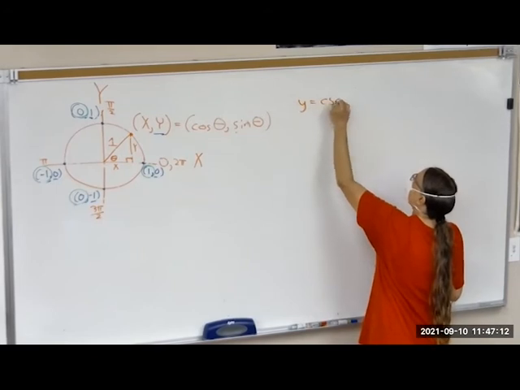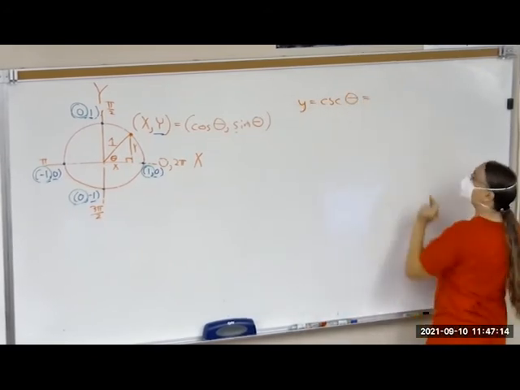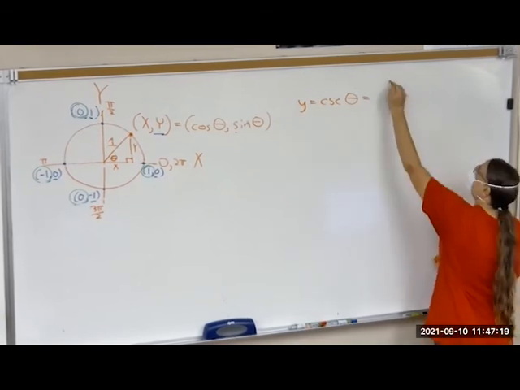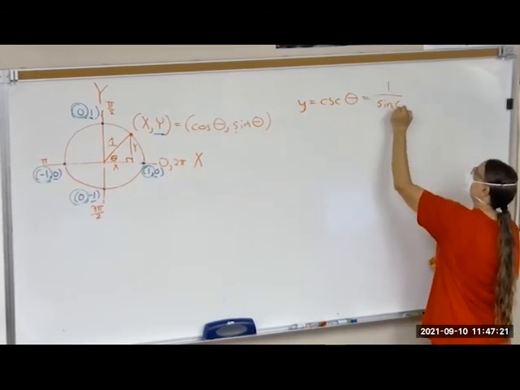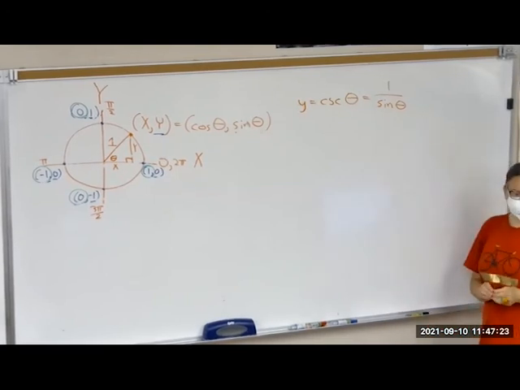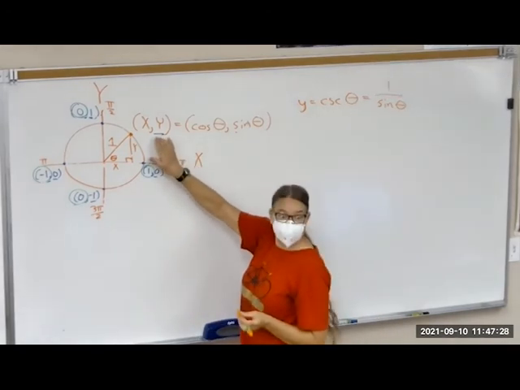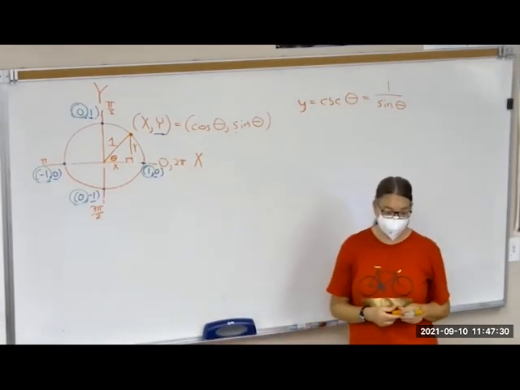So if I look at y equals cosecant of theta, now I could define that in terms of my capital X's and Y's, but I'm actually just going to say that's the reciprocal of sine of theta. Now, of course, that means it's the reciprocal of my capital Y value, because that's what sine of theta is.